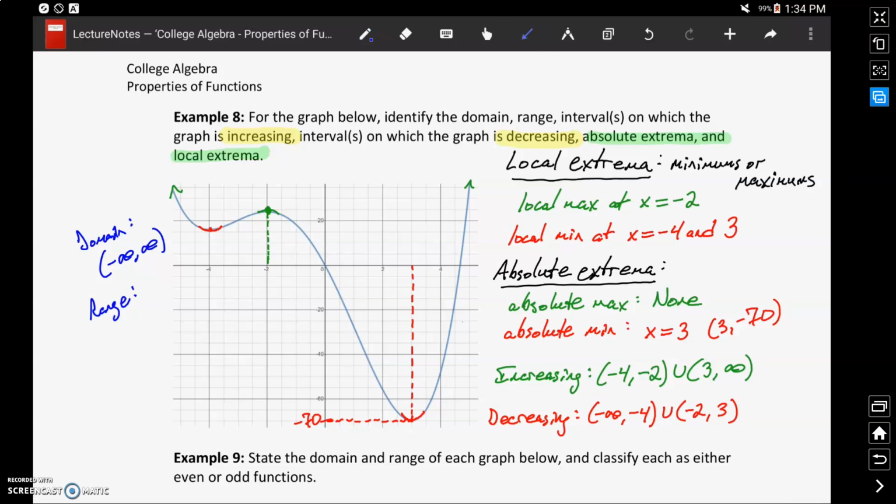Since we have this absolute minimum occurring at x equals 3, that's again telling us that our function will never achieve a value below -70, meaning that we have a bottom restriction to our range of -70, but since we have no absolute maximum, our range will continue on to infinity.